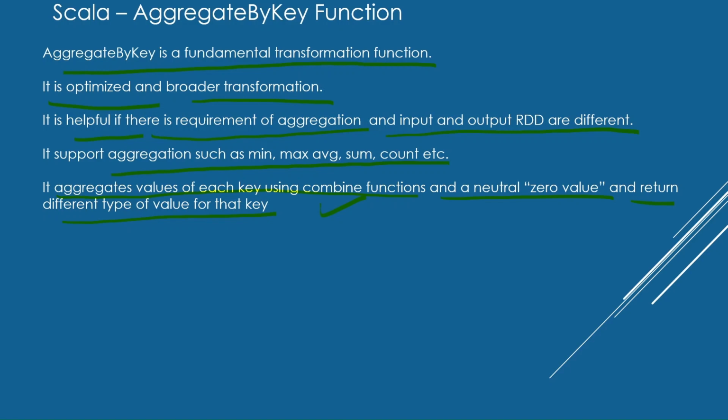To initialize the accumulator, it generally uses a zero value. And when the aggregation is completed, it returns a different type of value for that key. So the output could be different.